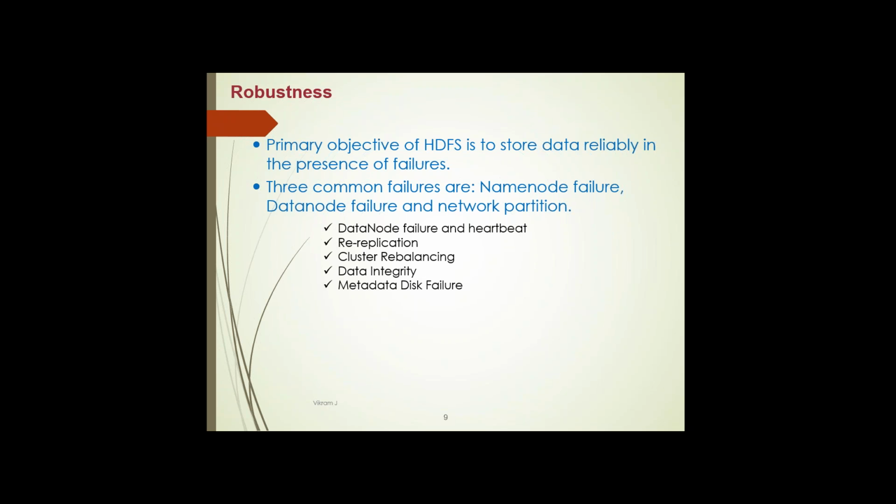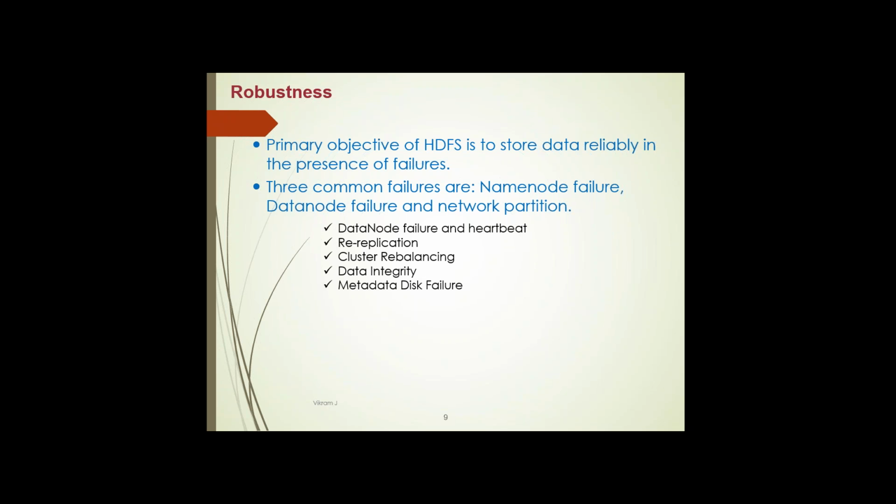It can recognize the failures and recover from them. Recovering here doesn't mean recovering from the hardware failure. It will try to recover the data which is available on the failed nodes. It always tries to maintain data availability.